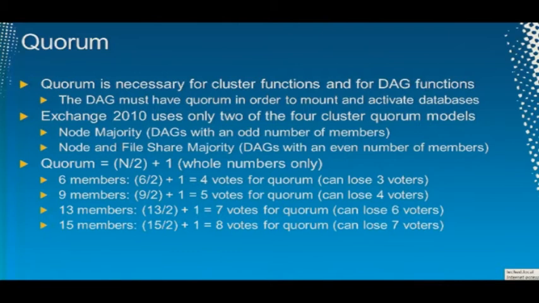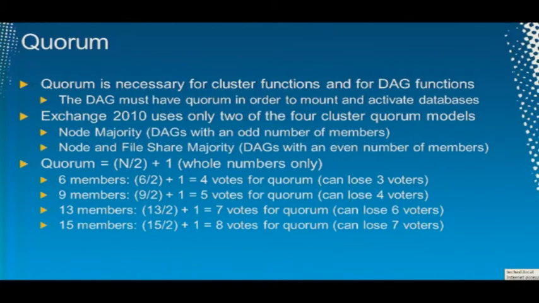That's illustrated by this quorum calculation, where the formula to determine the number of voters, the number of members we can lose and still keep the solution up and running, is simply the number of voters divided by 2 plus 1.